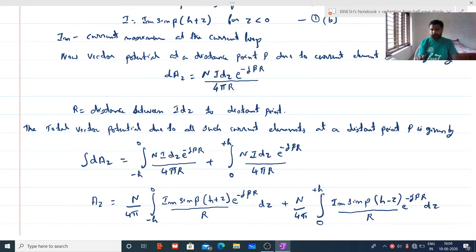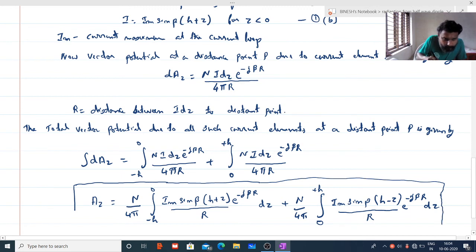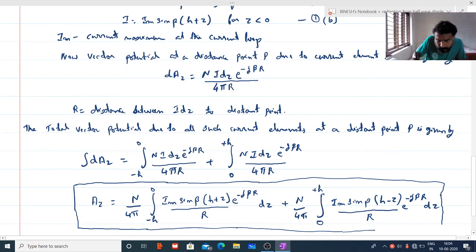So this is one of the important equations we have to keep in mind for the potential. I will put it in a box, since sometimes they may ask problems based on this equation.